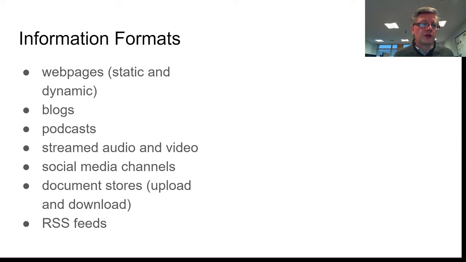We've got blogs, we've got podcasts, which are usually audio based. We've got streamed audio and streamed video, so we have radio shows, iPlayer, Netflix, things like that. We have social media channels. Information is formatted on social media channels in a specific way that's usable for that channel.